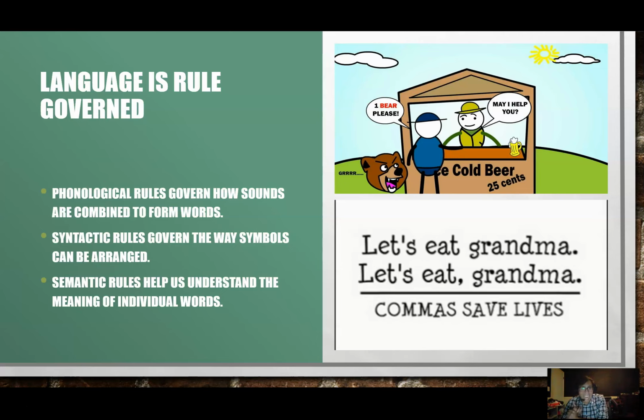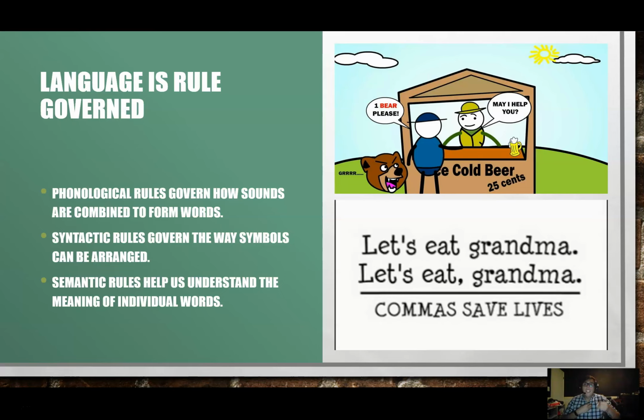Also, there are syntactic rules. The rules govern the way symbols can be arranged. For example, "let's eat grandma" or "let's eat, grandma," while they stayed in the same order, they also have slightly different meanings simply due to the fact that there was a pause in the middle.